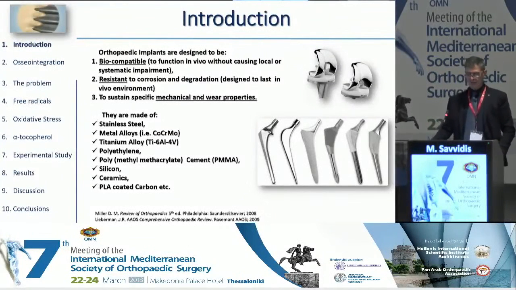Orthopedic implants are designed to be biocompatible, resistant to corrosion and degradation, and to sustain specific mechanical and wear properties. They are made of many different materials, such as stainless steel, metal alloys, titanium alloys, polyethylene, silicone, ceramics, etc.